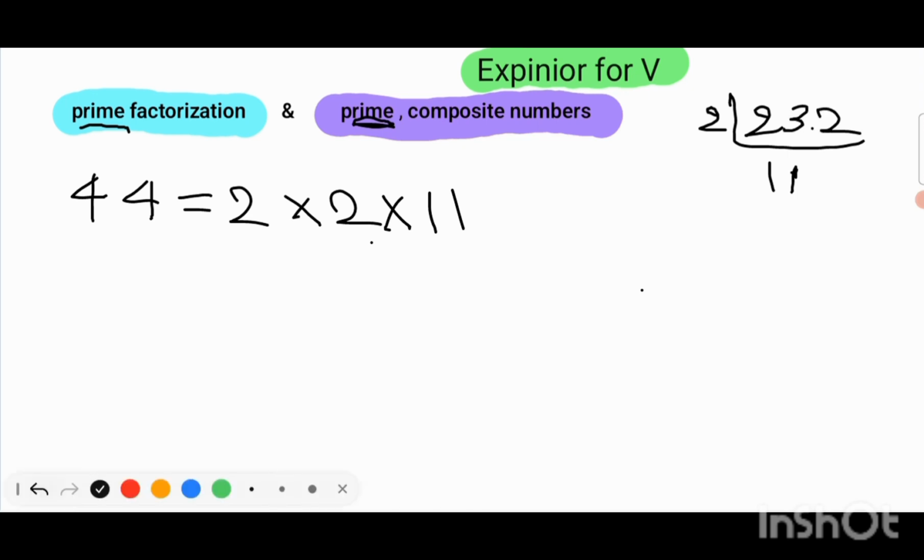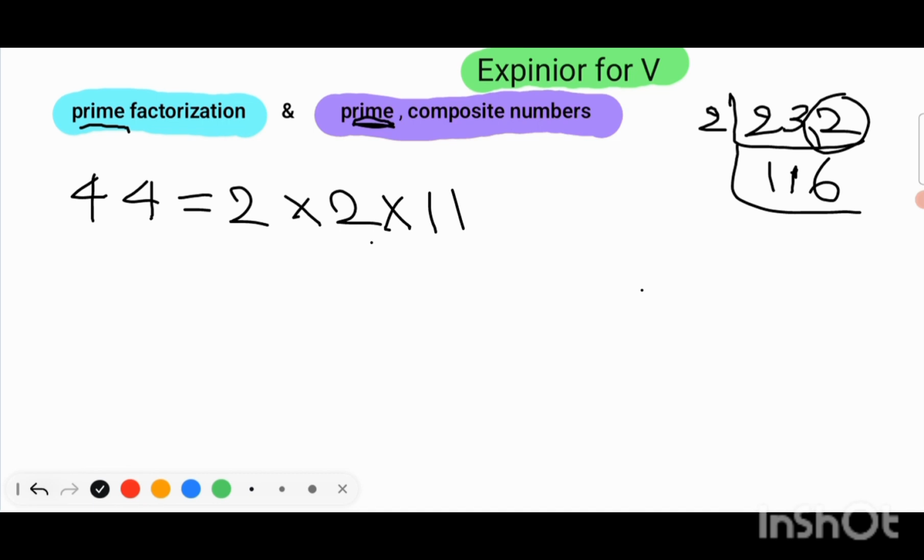One is left, right? So we'll put it here beside 2. So what does it become? 12. So 12 is a multiple of 2. 2 6s are 12. I hope you got my point.